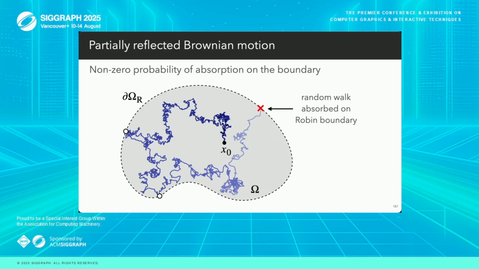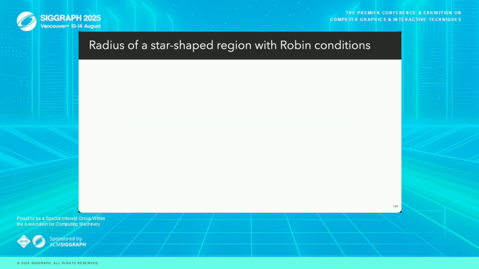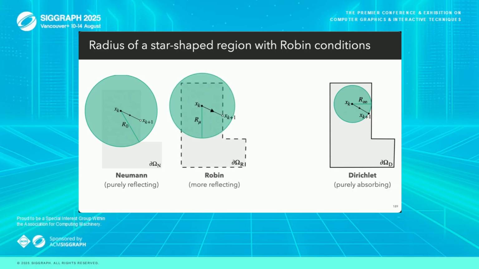So we use this insight to develop a version of walk-on stars that also has a non-zero probability of termination on the Robin boundary, which helps to improve the efficiency of our estimator because of shorter walk lengths. I won't go into the details here, but at a high level, we observe that the radius of a star-shaped region should be smaller than the distance to the closest silhouette point on the Neumann boundary, but also larger than the distance to the closest point on the Dirichlet boundary, since intuitively, Robin conditions interpolate between Dirichlet and Neumann values.